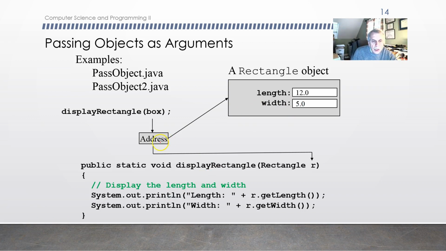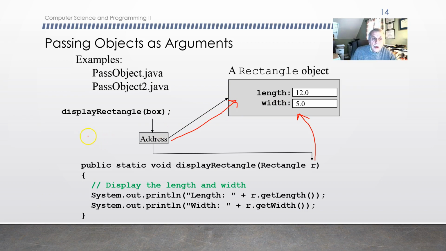So what happens is, the same way that this guy is pointing up here, r is also now pointing to the same thing. So when we say r.getLength, we're using r as the reference variable to provide the context to invoke the getLength method, and we're getting the length of this rectangle object. And similarly with r.getWidth, we're getting the width of this rectangle object.